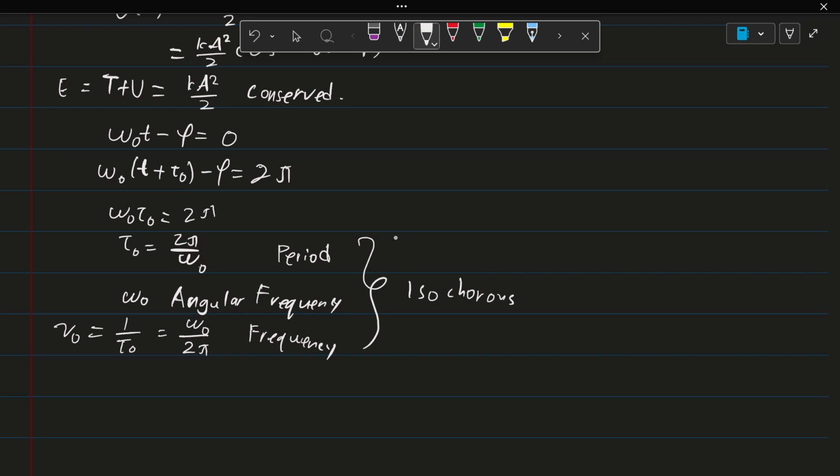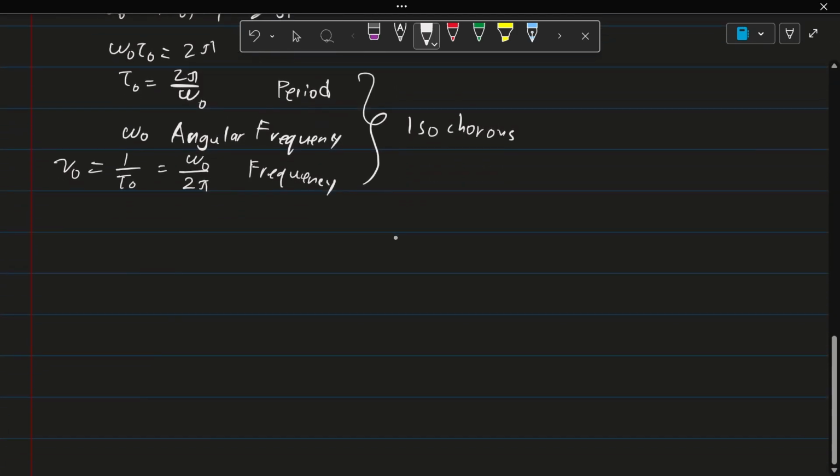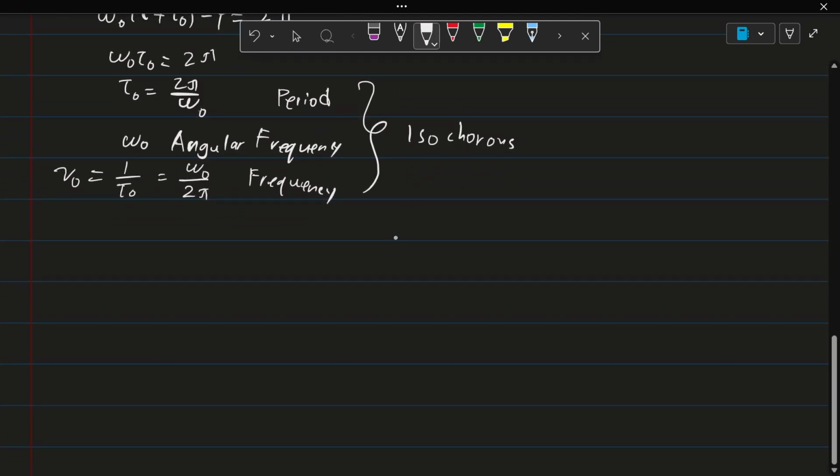So let's try to solve some other physical problems that might have this linear force. One such example is a pendulum. So if we have a pendulum here, something like so, with mass, and it has angle theta.